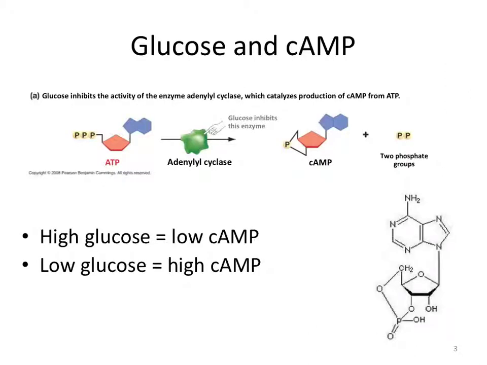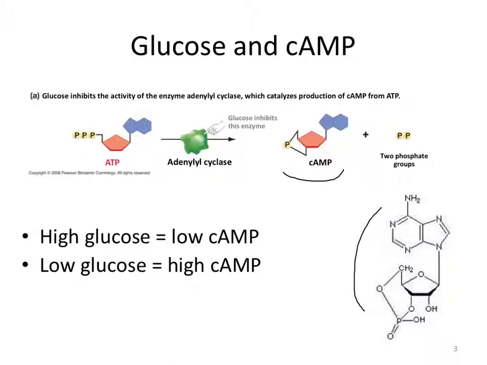To understand catabolite repression, you need to know about cyclic AMP and its relationship to glucose. Cyclic AMP, which is shown here and in more detail here, is a molecule used by all cells for signaling a variety of cellular processes.